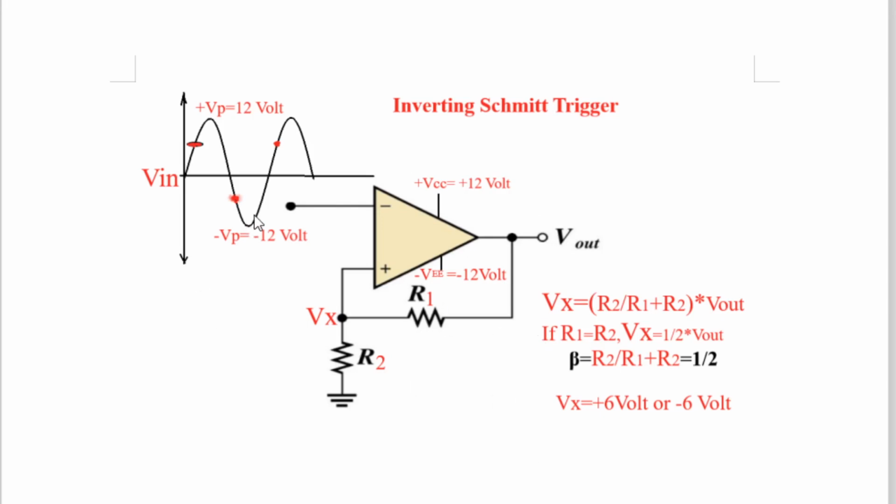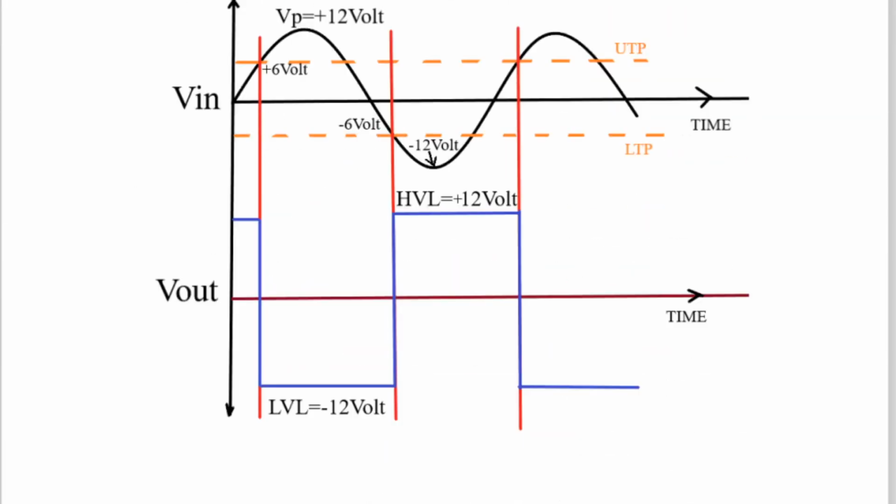And then here you see, from this point onwards, the output of the op amp will be forced to remain in high voltage level. And as soon as it goes in high voltage level, which is equal to plus 12 volt, the voltage at point X will become plus 6 volt. So here now you can see the graph very clearly.